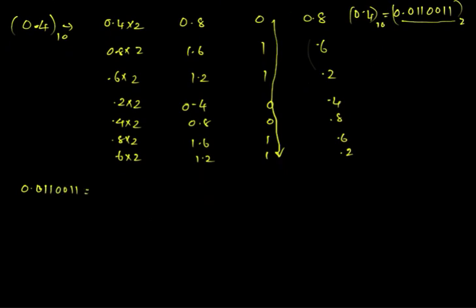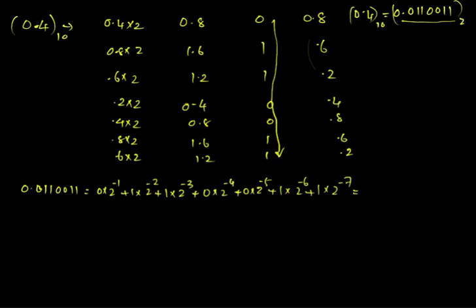We want to convert 0.0110011, which will be equal to 0 into 2 raised to minus 1 plus 1 into 2 raised to minus 2 plus 1 into 2 raised to minus 3 plus 0 into 2 raised to minus 4 plus 0 into 2 raised to minus 5 plus 1 into 2 raised to minus 6 plus 1 into 2 raised to minus 7.